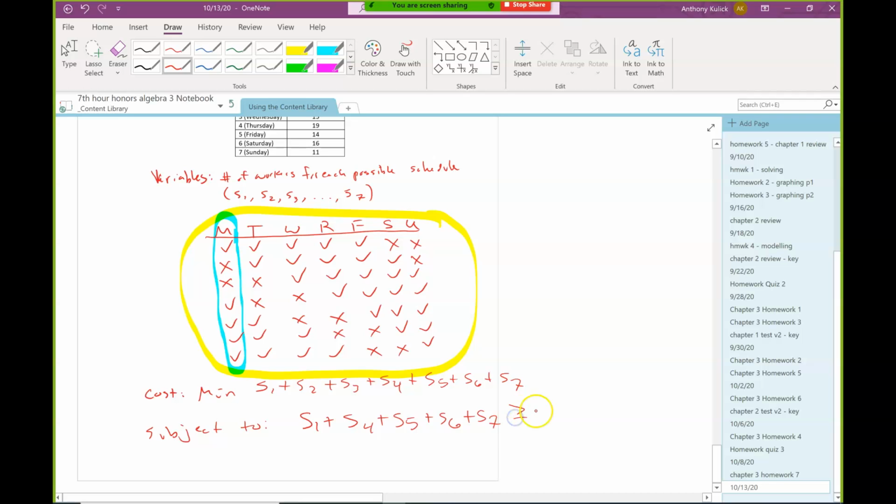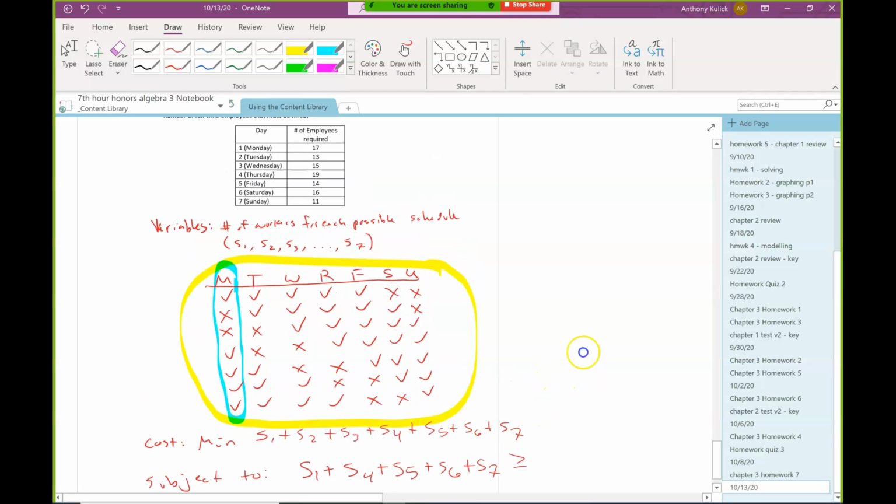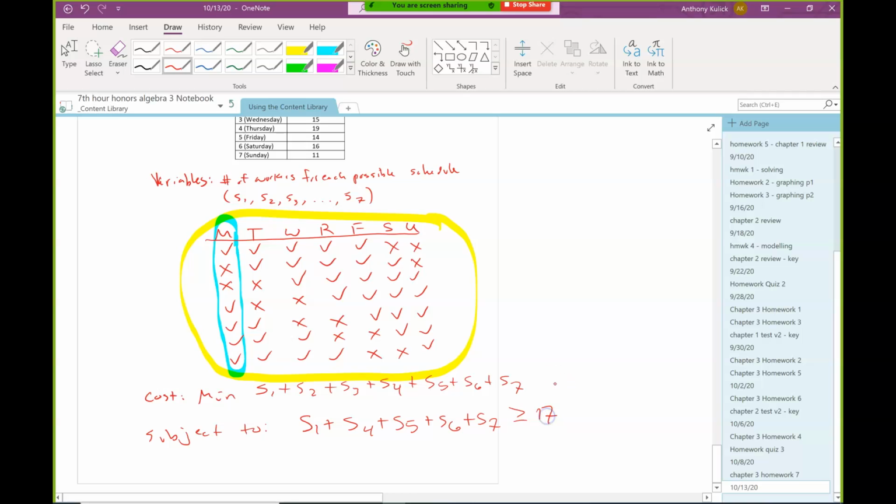And that has to be at least, what is it, 17? Is everybody okay with that? That'll tell us the total number of workers we have for Monday, because that involves all the workers that work the schedules that have to work on Monday. Right? Does that make sense?